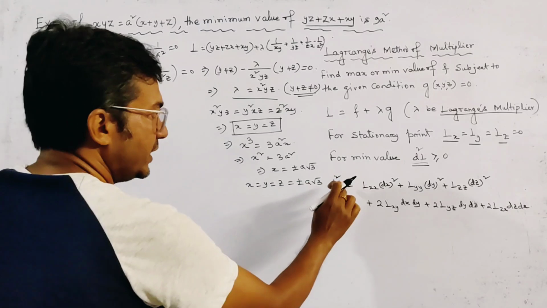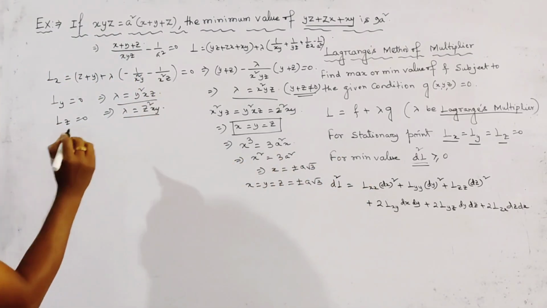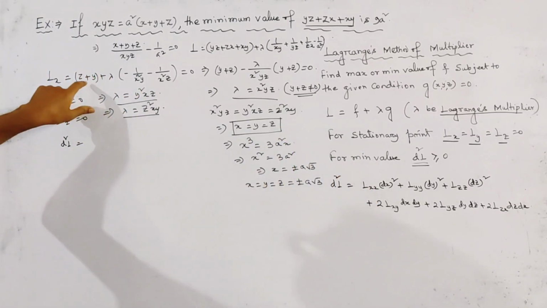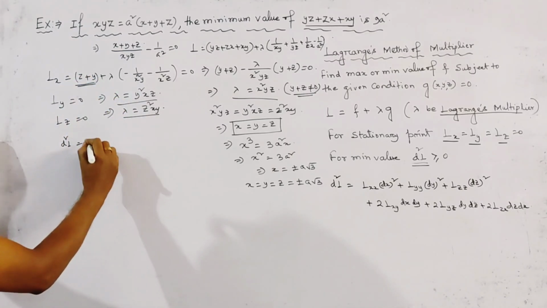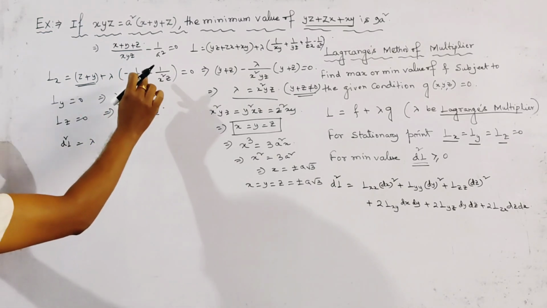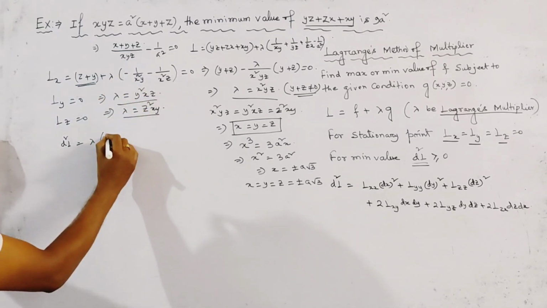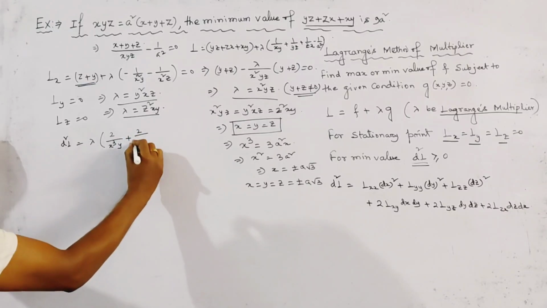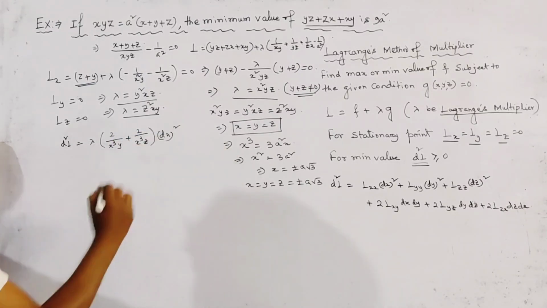Now we have to find d2L. Lxx: the first term is obviously 0, and from the second term we get lambda into 2 by x cube y plus 2 by x cube z, times dx whole square.